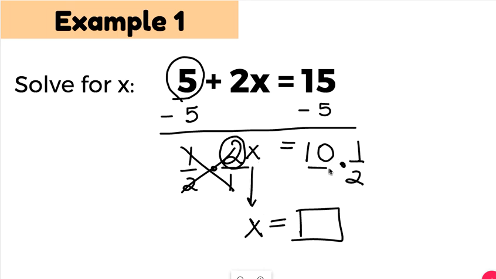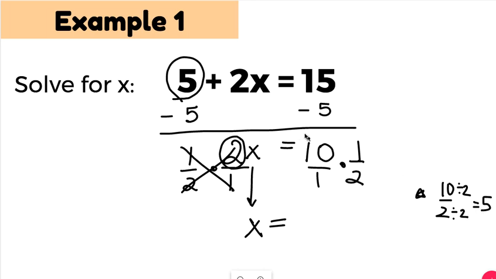On the right-hand side, remember to multiply across when we're multiplying fractions. You could multiply across and get 10 over 2 and then simplify and get 5. Or we can simplify diagonally. 2 divided by 2 is 1. 10 divided by 2 is 5.